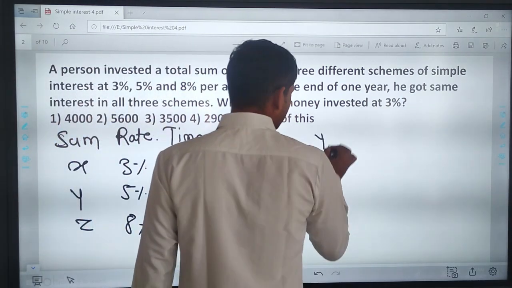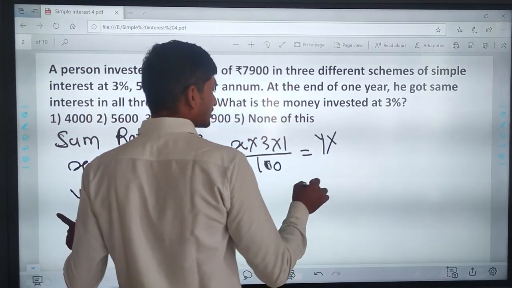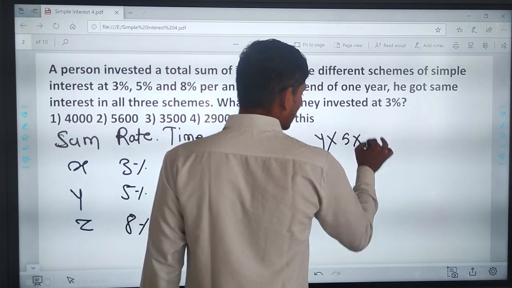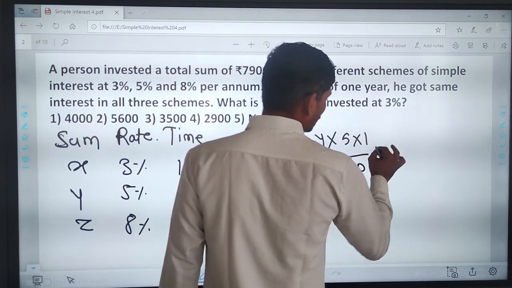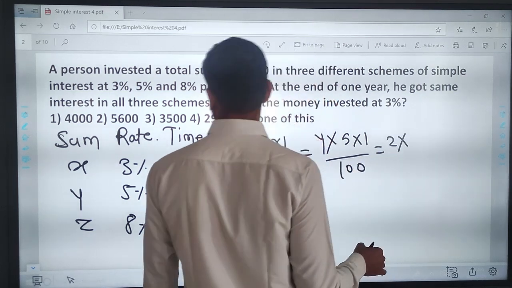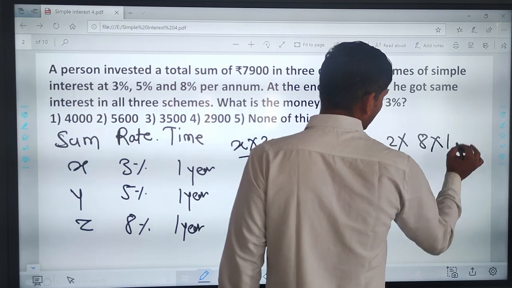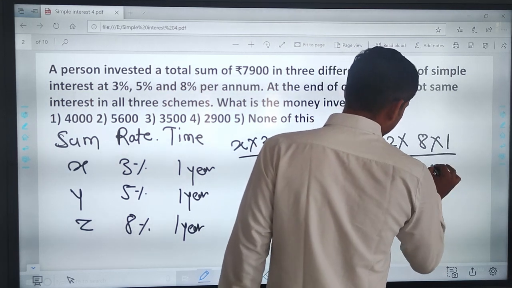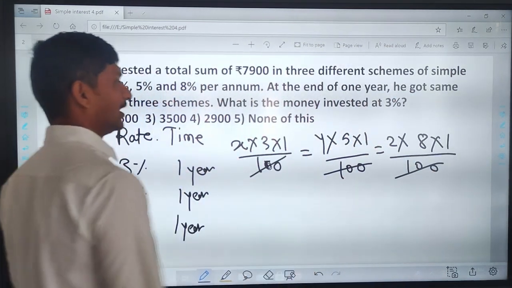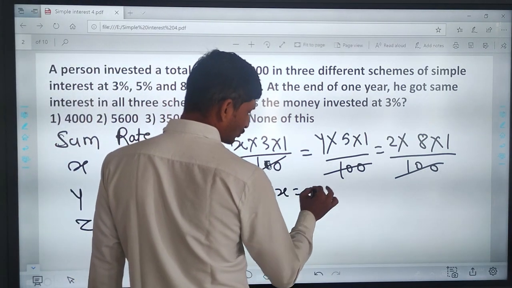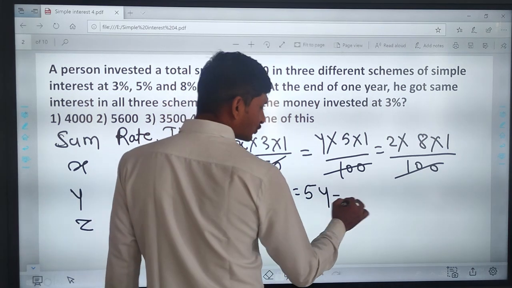Then this is the interest on sum y, y into 5 into 1 divided by 100, is equal to z into 8 into 1 divided by 100. Then 100 gets cancelled.